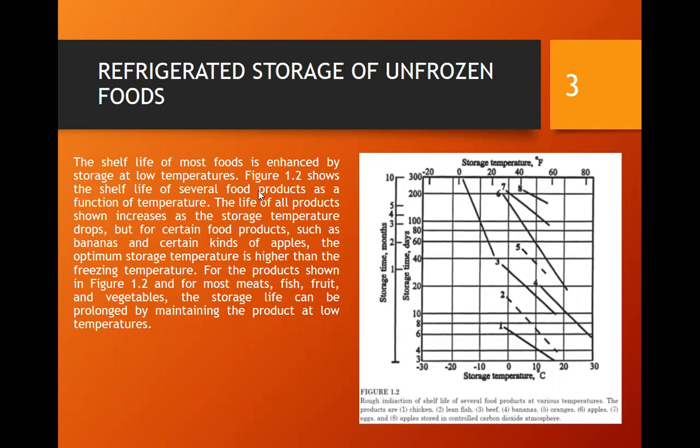Figure 1.2 shows the shelf life of several food products as a function of temperature: storage time in months and days, against storage temperature in degrees C, with degrees Fahrenheit at the top. The numbering is: 1 chicken, 2 lentils, 3 beef, 4 bananas, 5 oranges, 6 apples, 7 eggs, and 8 apples stored in controlled carbon dioxide and steam.